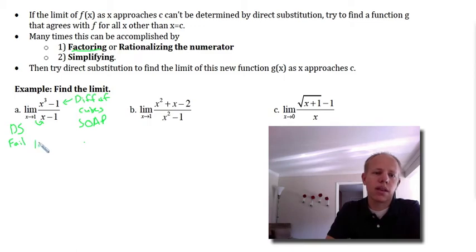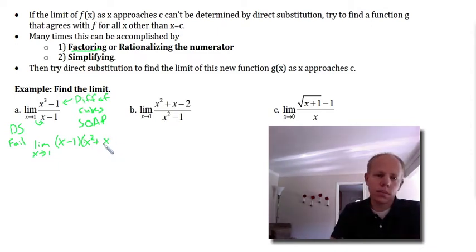Okay, so we're going to rewrite this. The limit as x goes to 1, and we get x minus 1 times x squared plus, here's the opposite sign, and this is 1 times x, and plus 1. And this is all over x minus 1.